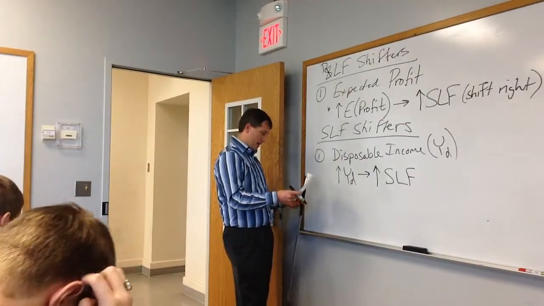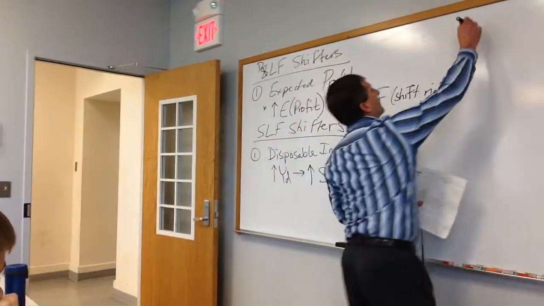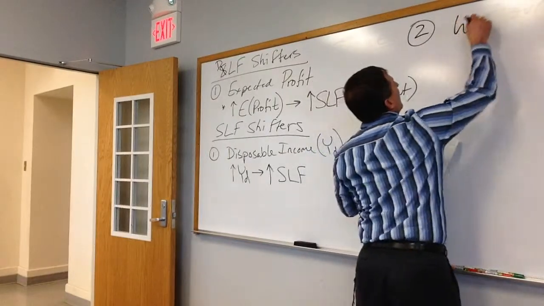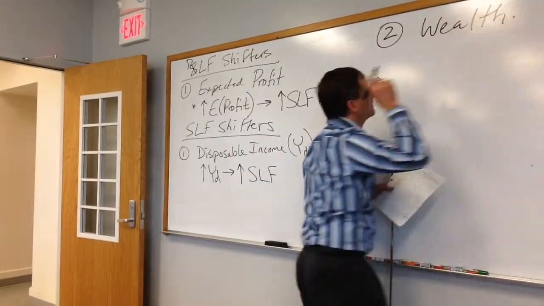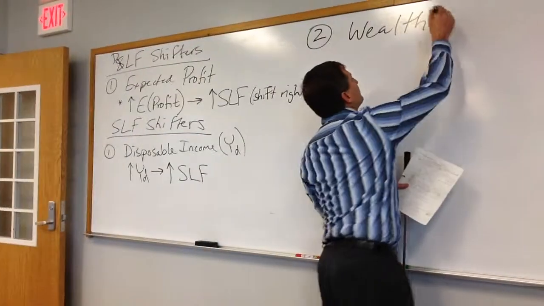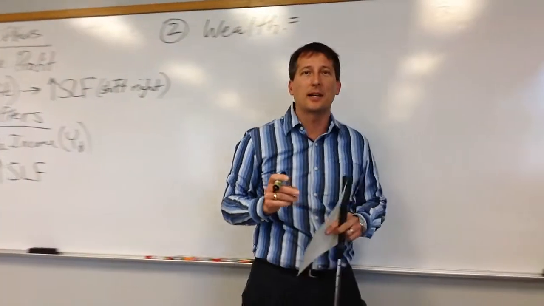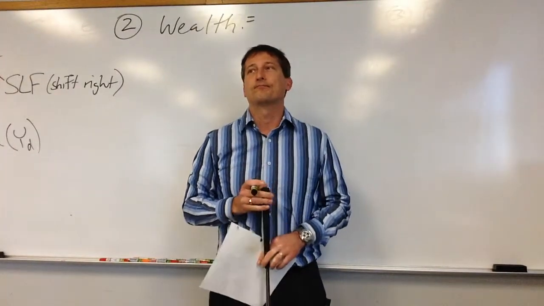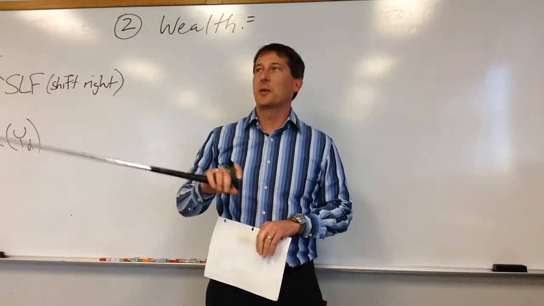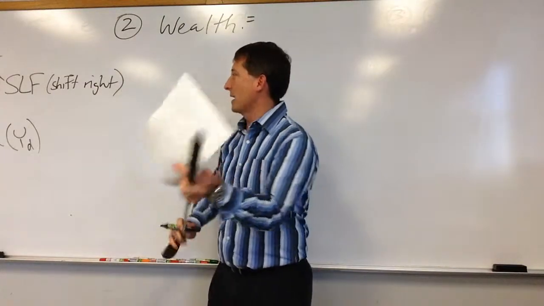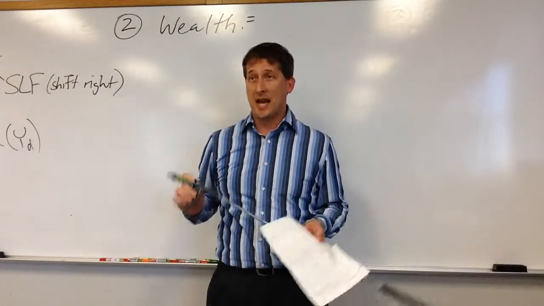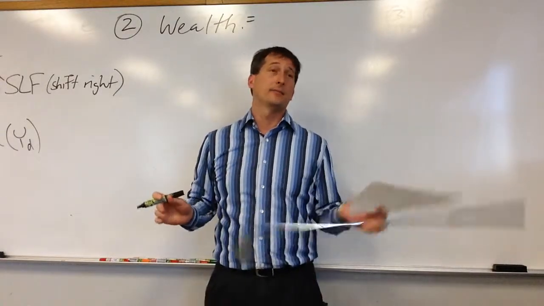All right, number 2. Our wealth. What was wealth again? We did that last time with our buckets. What was the difference between our wealth and our income? Because here we're talking about income, here we're talking about wealth. Assets is part of it.